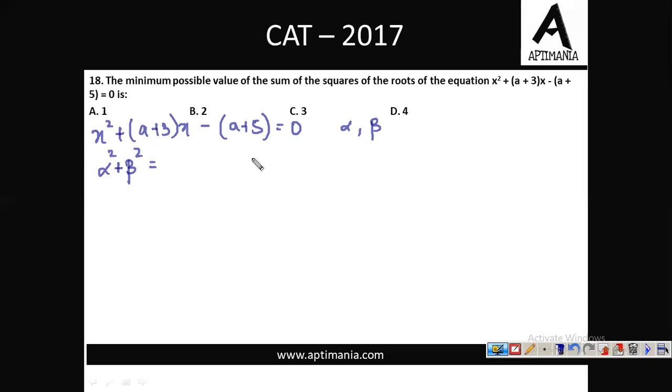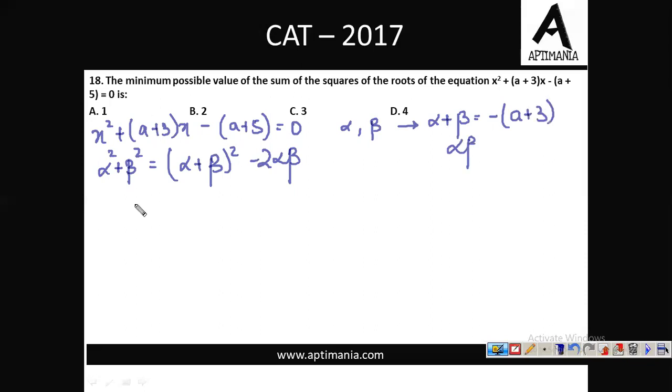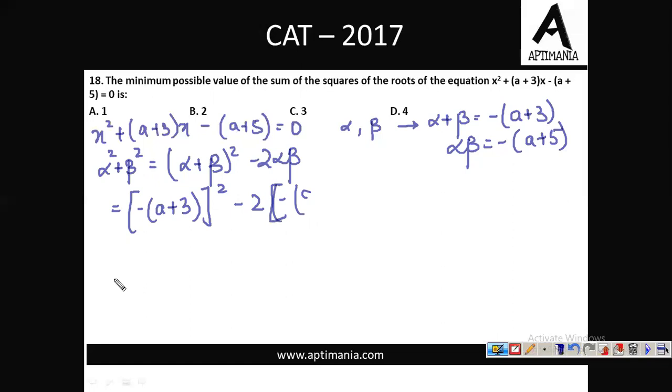This alpha square plus beta square can be written as (alpha plus beta) whole square minus 2 alpha beta. We need to minimize this value. Also from the equation, we know that the sum of roots alpha plus beta equals minus b upon a, which is equal to minus (a plus 3). And the product of roots alpha beta equals c upon a, which is minus (a plus 5). So putting the values, this will be (minus (a plus 3)) whole square minus 2 into minus (a plus 5).